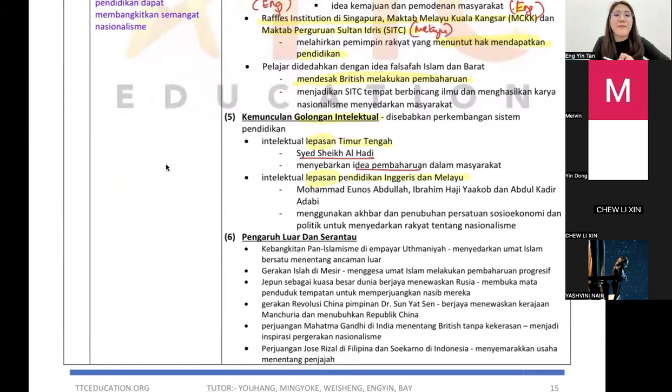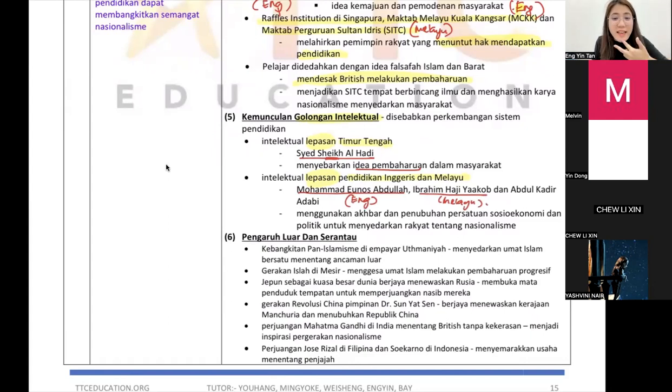Syed Sheikh Al-Hadi. You look at the name, you know it's an Islam one. Then the English Ed leader, Muhammad Yunus Abdullah. For me, I will memorize this, guys. And Ibrahim Haji Yaakob is the Malay Ed leader. For me, I will memorize this too.